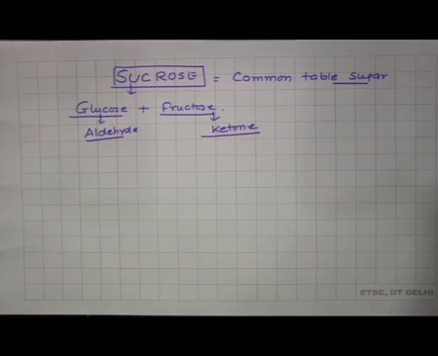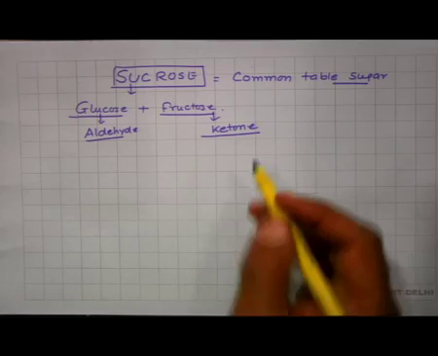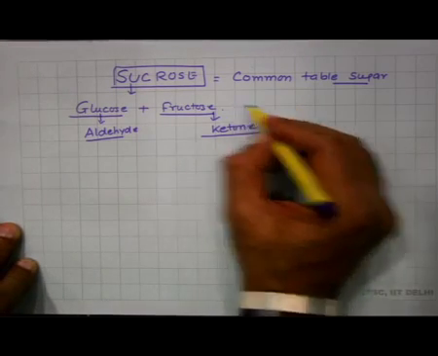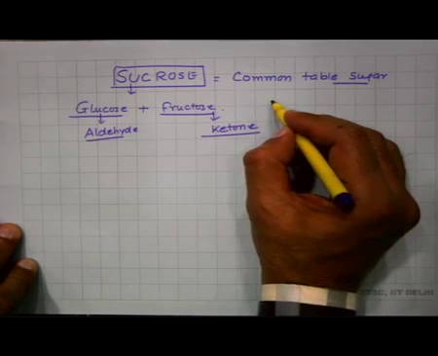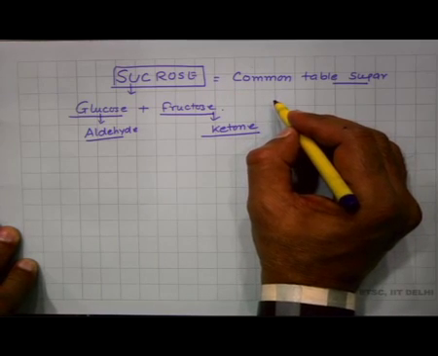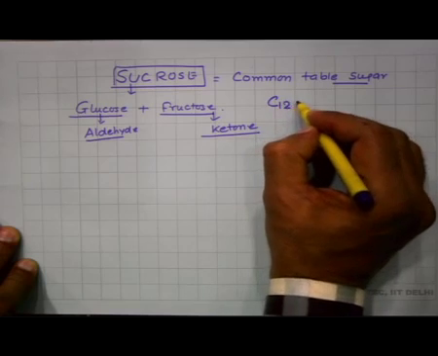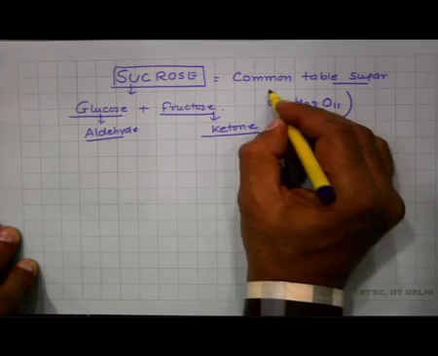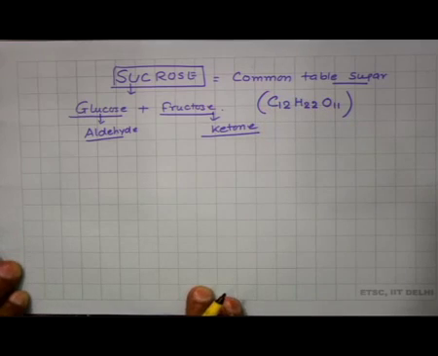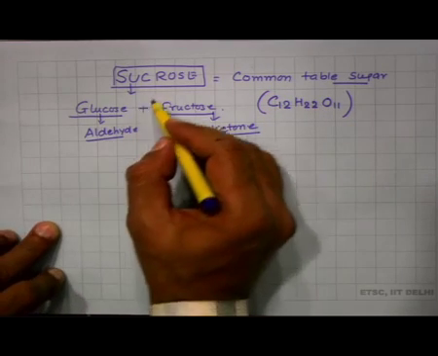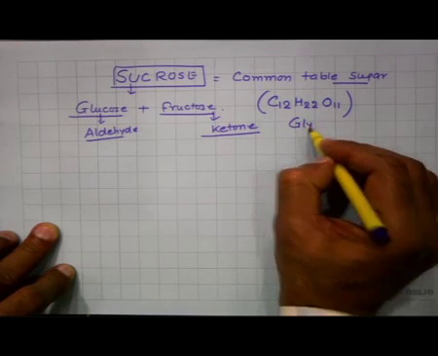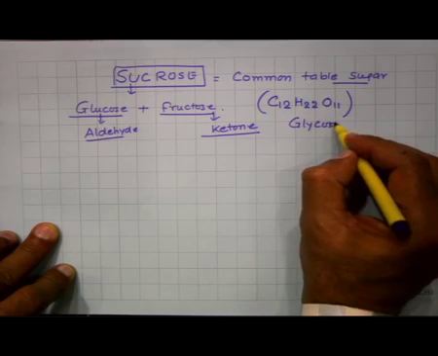When you write the structure of glucose and fructose, you can easily write the structure of sucrose. The formula of sucrose is the same as maltose and lactose, C12H22O11, because a water molecule is released and the bond is called glycosidic linkage.